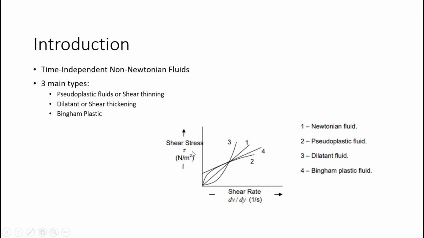You can see here a graph that shows us dilatant fluid 3, Bingham plastic 4, and Newtonian fluid 1 that passes through the origin, and this is linear. This is a graph that shear stress and shear rate show.